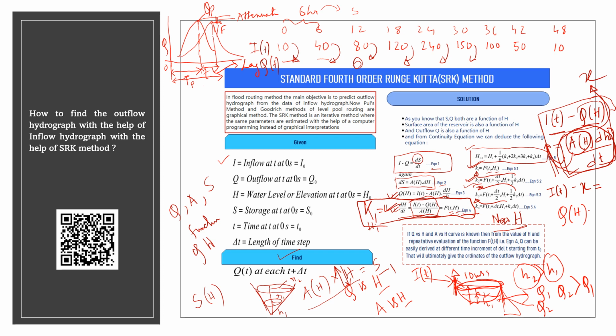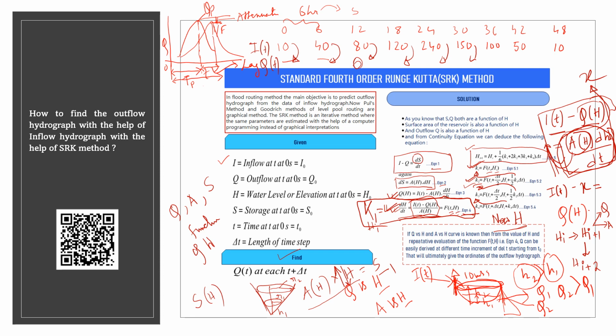So basically what happens is, from HI and this equation 5, you will get HI plus 1, and from this HI plus 1 you will get a new Q I plus 1 and new A I plus 1. And using this new Q and new A in equation 4, and using this equation, which is equation 5, you will find HI plus 2.